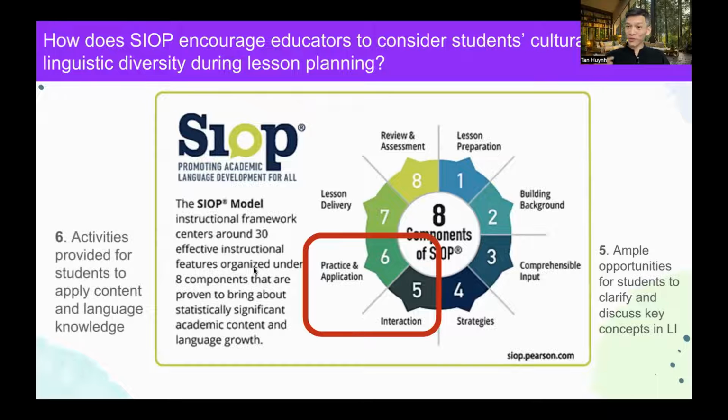When they're using their languages, let's have them engage in activities that provide students with the ability to apply content and language together. So basically, this is what it would look like. Students have activities where they're interacting together using their multiple languages to understand and process content, but also practice language.